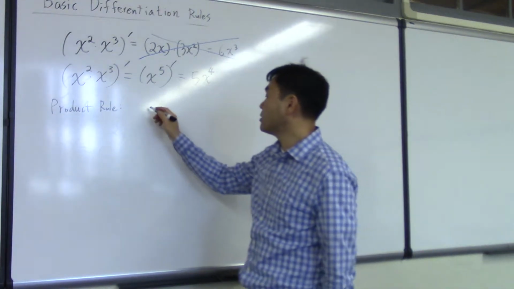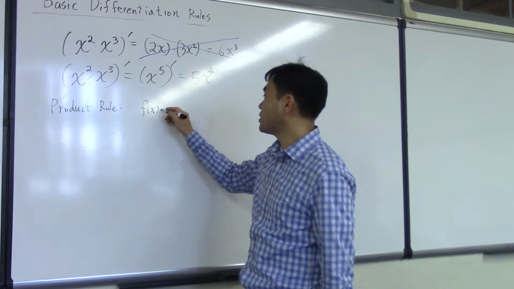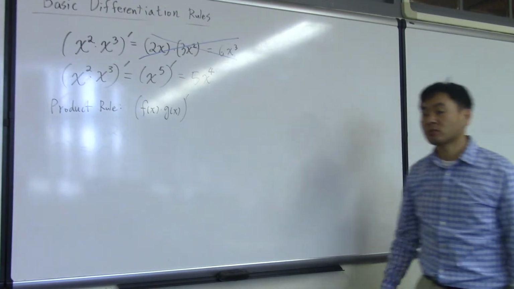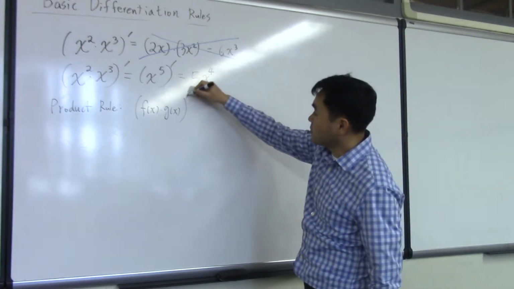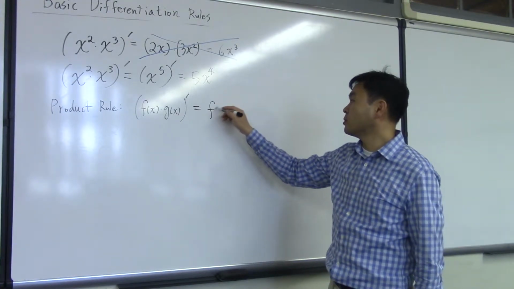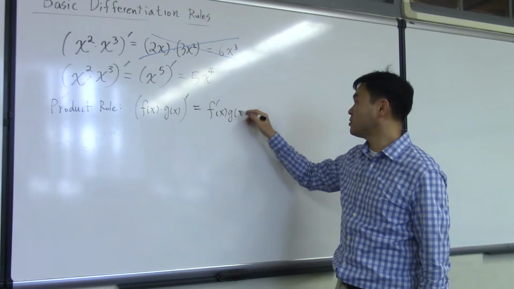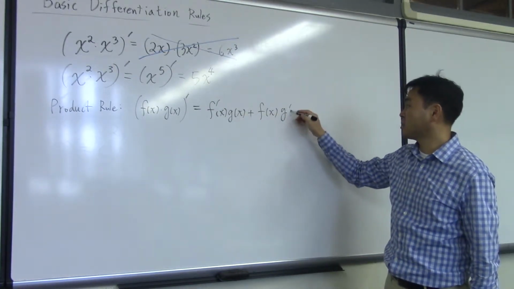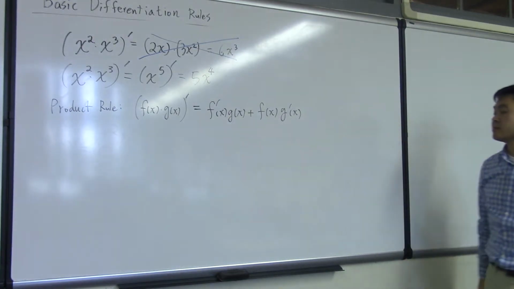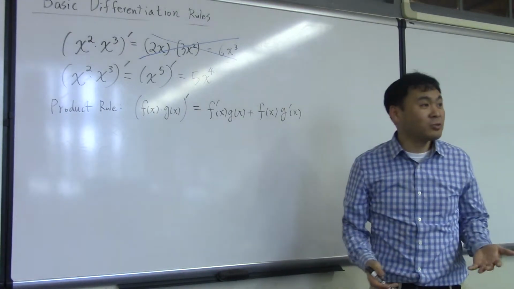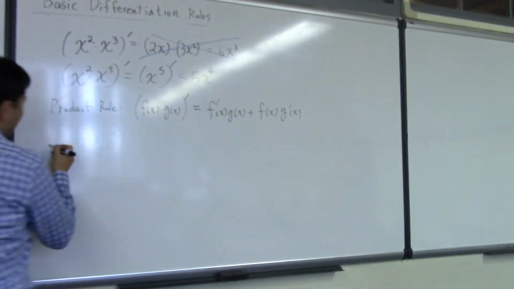If you have two functions multiplied, you differentiate the first thing times the second, plus first thing times second thing prime. That's called the product rule. Now, why is this true? Again, in order to understand why it's true, it's good to know the proof. Let me give you the proof.